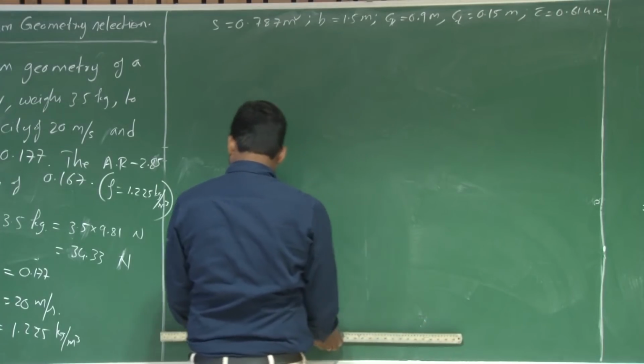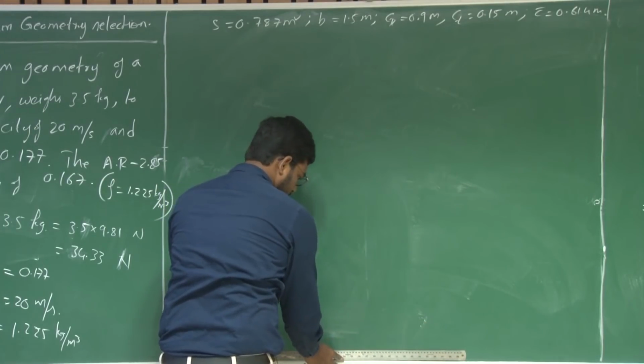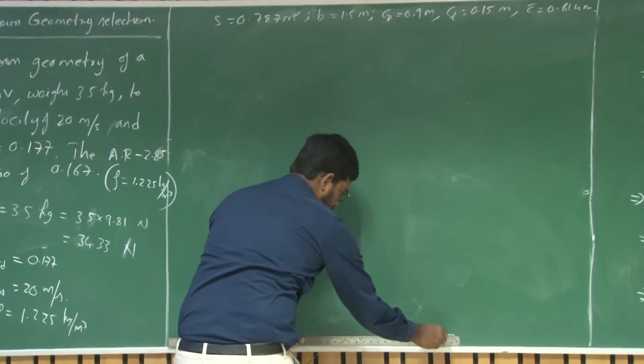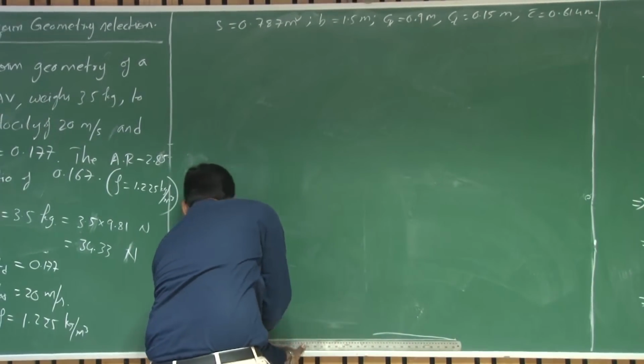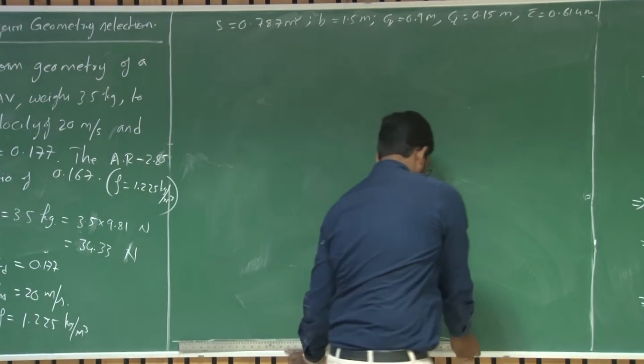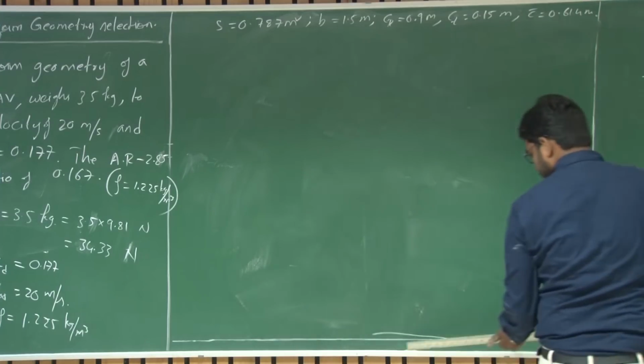So to start with, I have to draw a 1.5 meter wing, right. This is 1 meter.